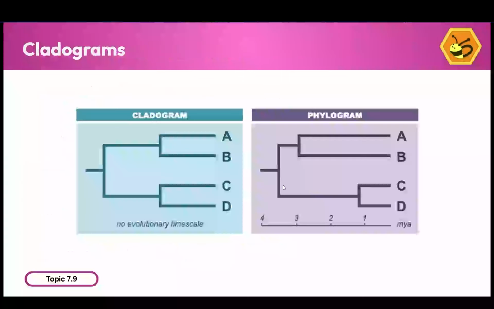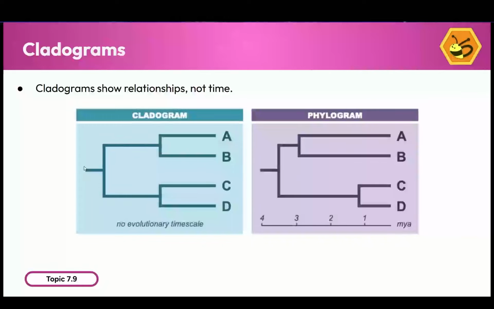Here's where it gets a little hard. Cladograms show relationships, not exactly time. Phylogenetic trees show estimates of when things branched, though they can't be exact. On the right there's a phylogram, which shows the relative time for when things branched, while cladograms are more like general relationships.